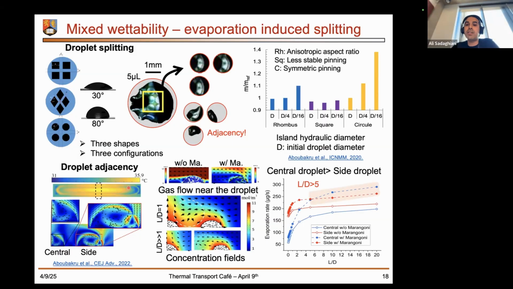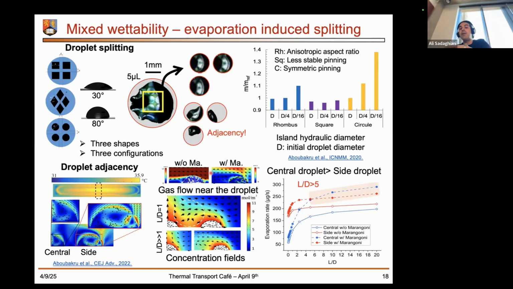in splitting droplets is that this adjacency or the proximity of the split droplets has an effect on the evaporation mechanism and evaporation rate. So in the absence of Marangoni flow, what we observe is that the side droplets have higher evaporation rate because they are in contact with the fresh air.